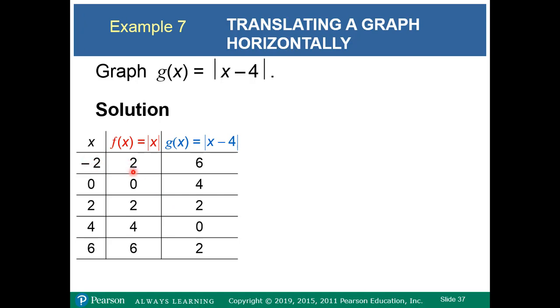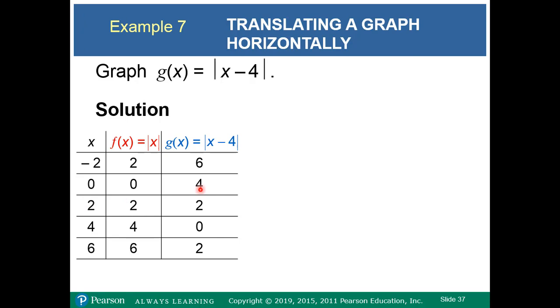When x is negative 2, f of x is 2. Well, when is g of x equal to 2? When x is 6. So in order for g of x and f of x to be the same, what's going on? It's moving over 4 units.